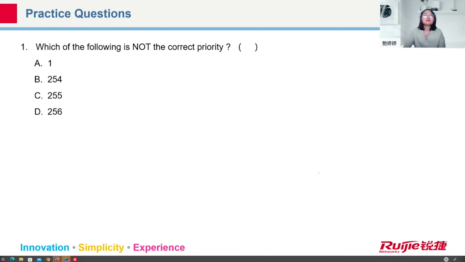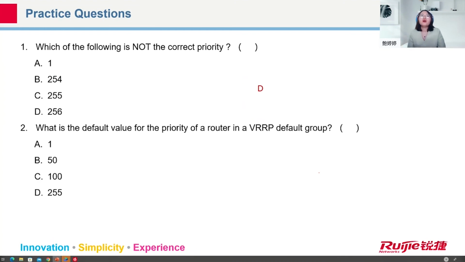What's the answer? D, yes. We can configure the priority from 1 to 254, but 255 is also a correct priority of VRRP, but you cannot configure it. This is D.